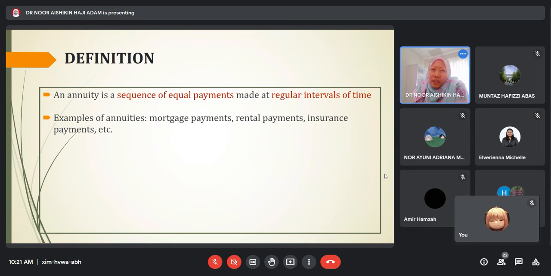Okay, and so on. So whenever you see that equal payment or investment made over equal interval of time, dan saya kata tadi dia kena tally. Kalau monthly payment kena interest dikira monthly, so compounded monthly.